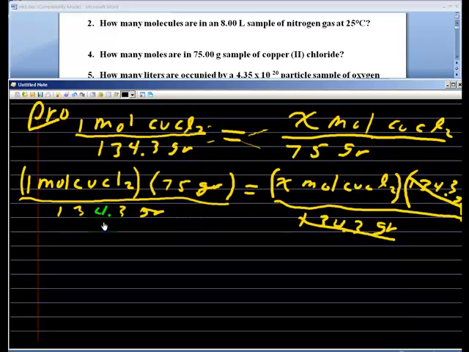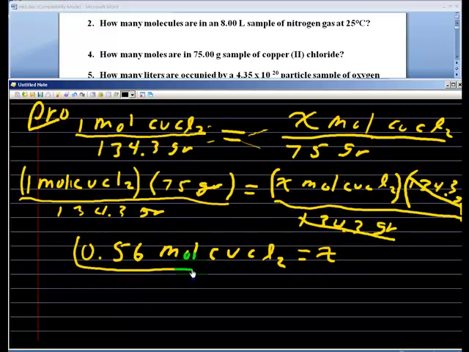And now what I've got is 75 divided by 134. When you do that, you get 0.56 moles of CuCl2 equals X.